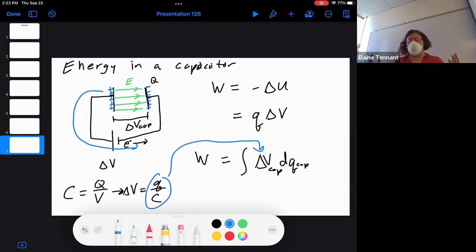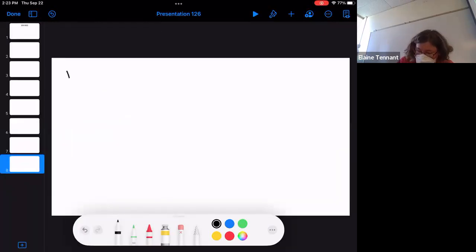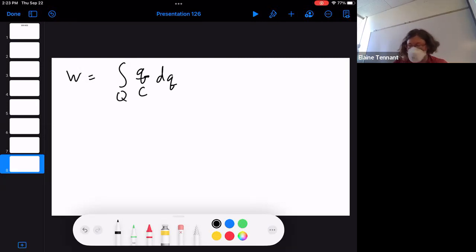And that tells me the function of how voltage depends on charge. Okay. Let me skip that to the next page. So we're doing this work. It is the integral of dq times Q over C, where C is the capacitance. And we're adding more and more charge to the capacitor until we hit some total charge Q.